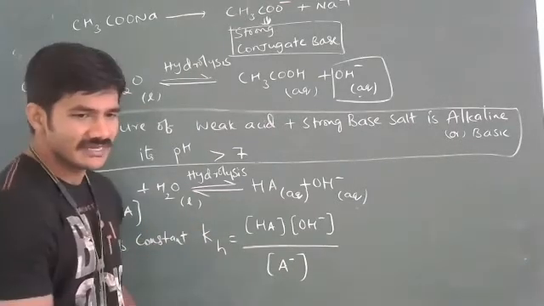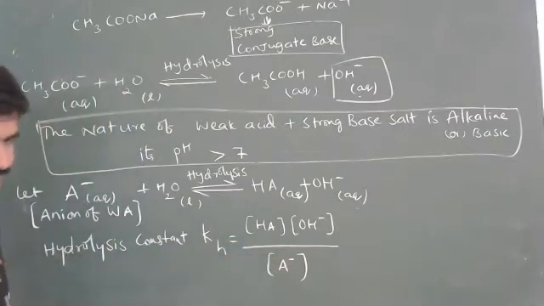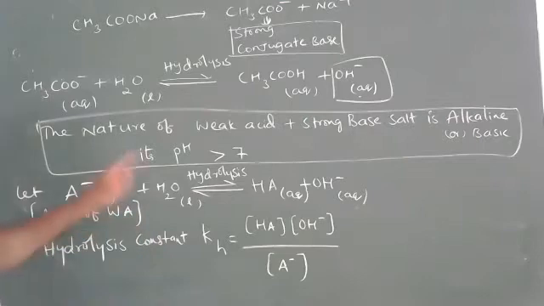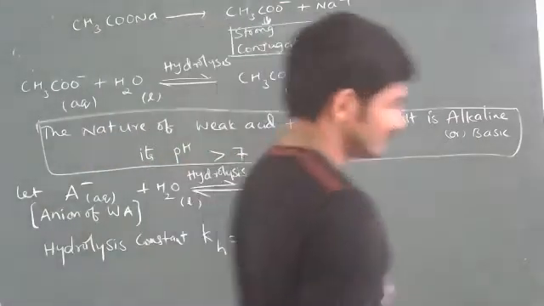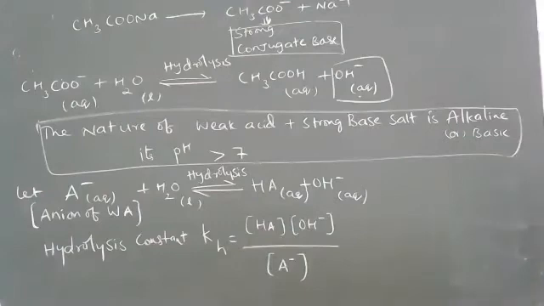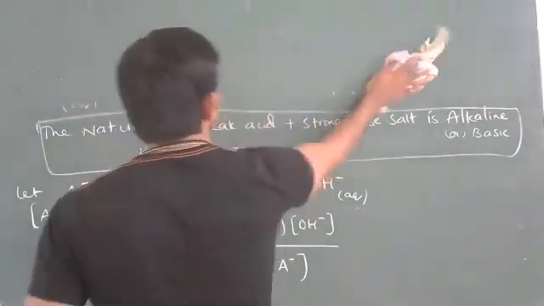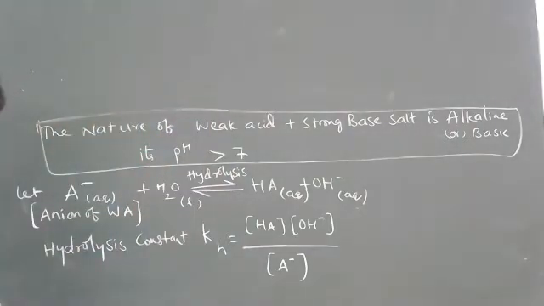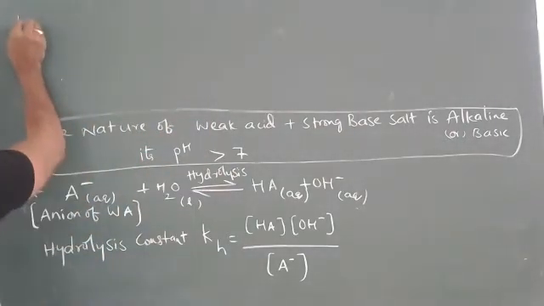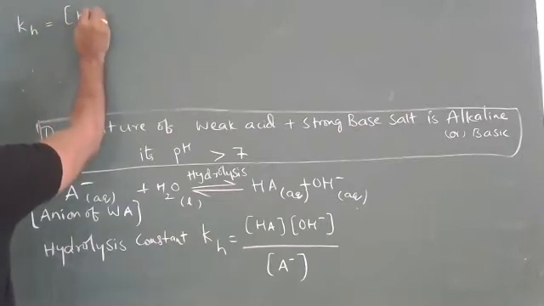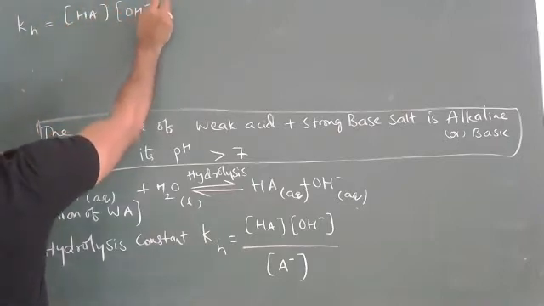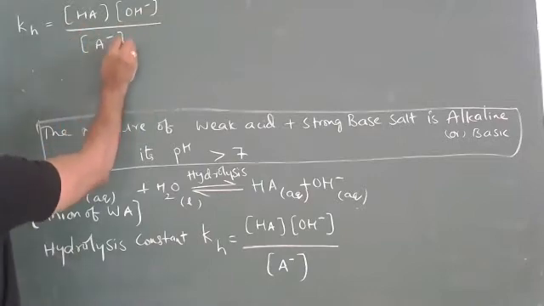Further, I'll do a simple modification here. Completed this writing? Write fast. I'll take this equation, KH is equal to HA into OH minus by A minus.